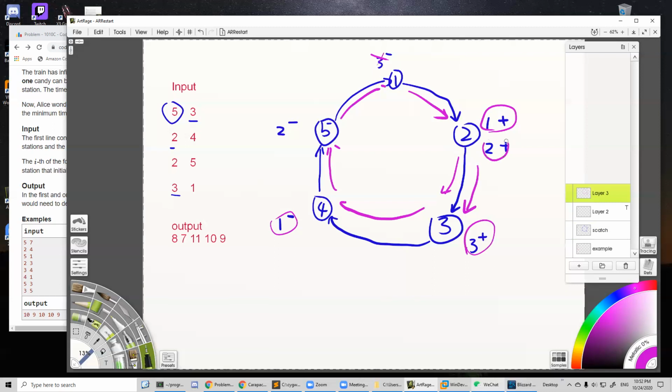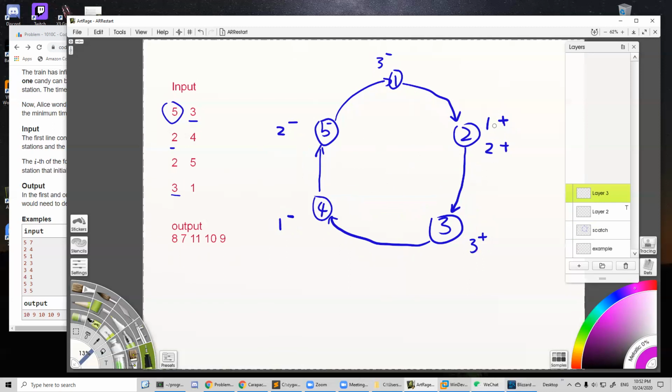Here we need to pick up 2. 7, 8. The total time cost is 8. But here our output is 7. Why? Because it is not the optimal answer.